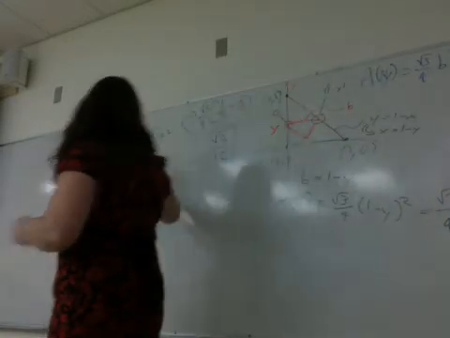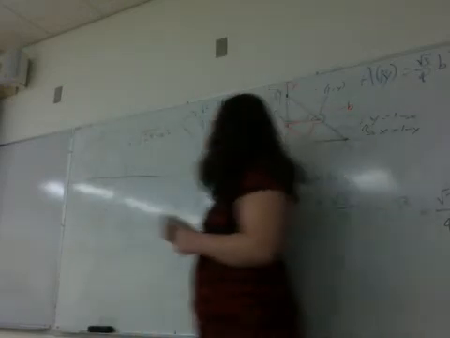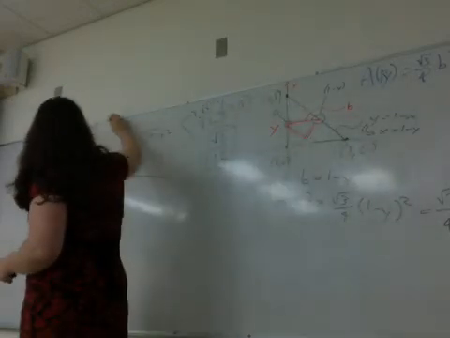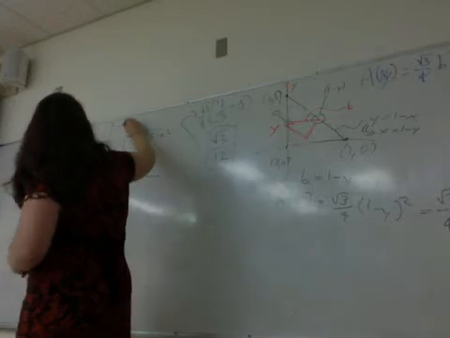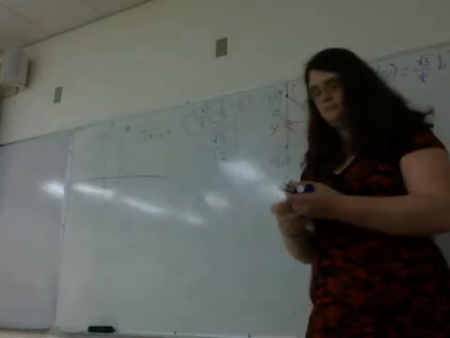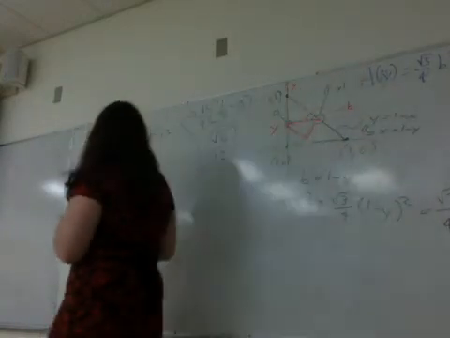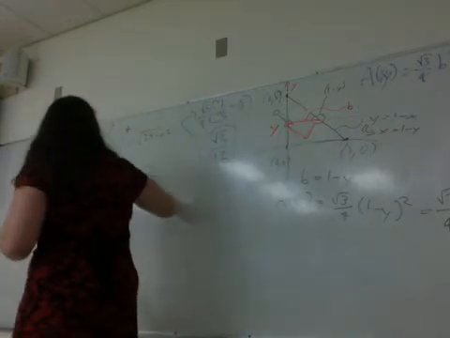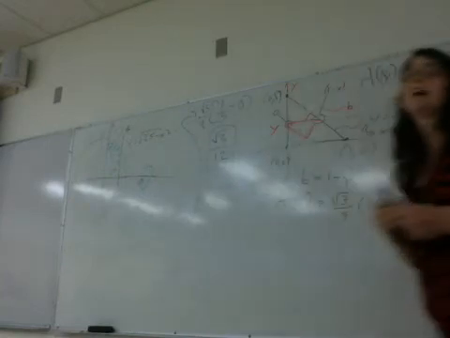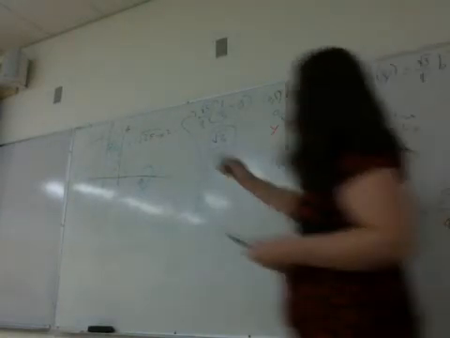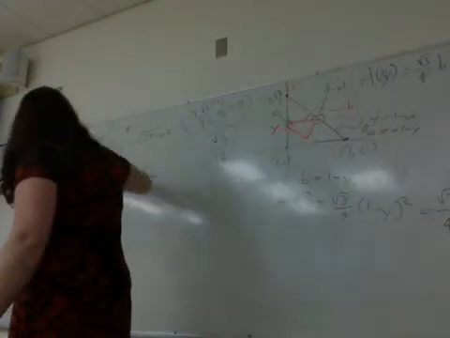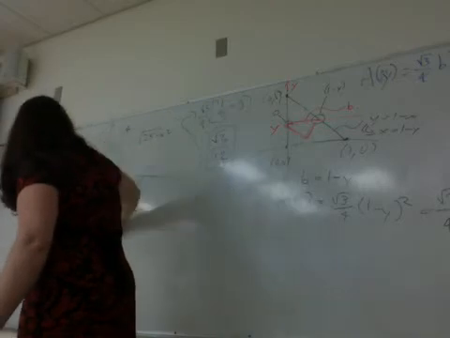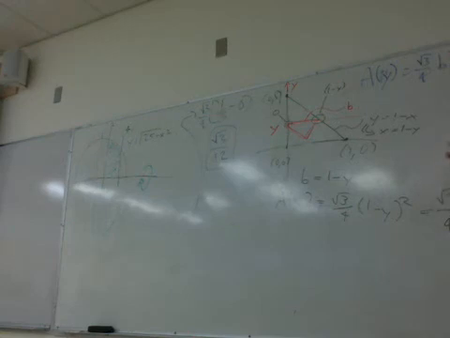So the region we're talking about is this green region, and we're rotating the region about the x-axis. If we rotate it about the x-axis, we will get something that looks like that. It looks sort of like a slice of a ball.